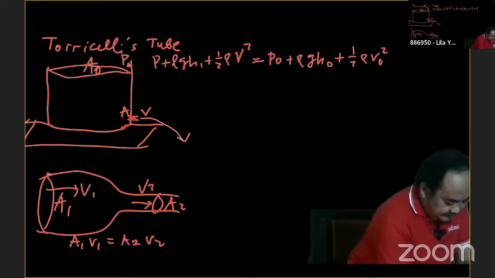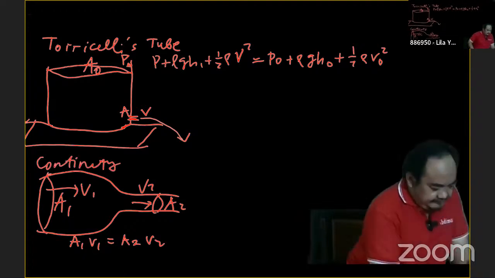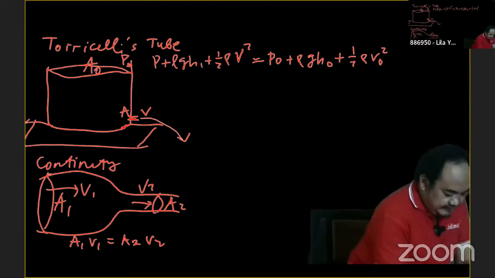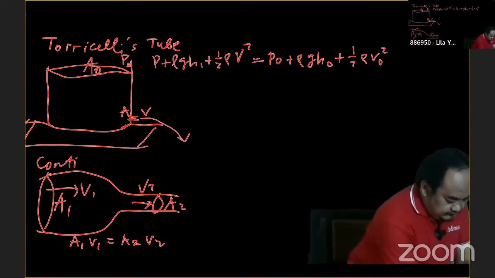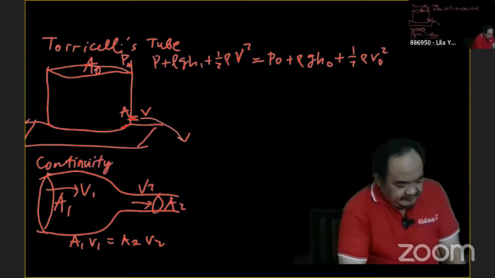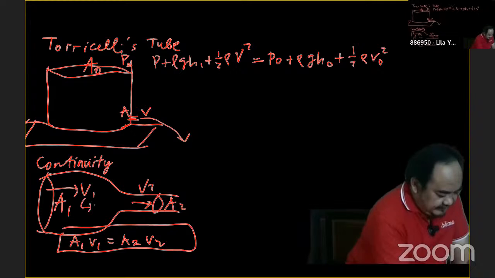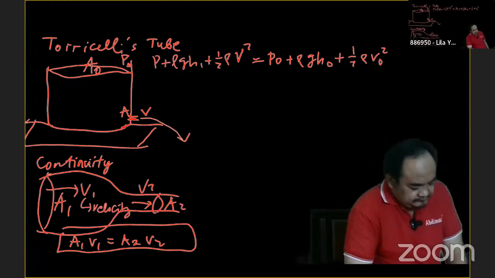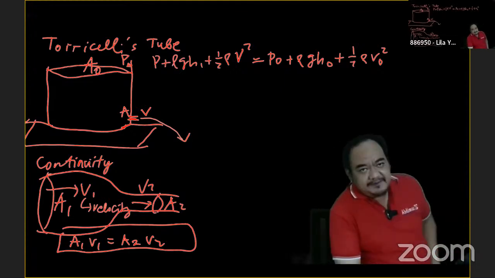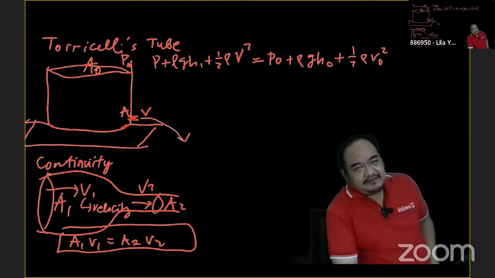This is the continuity. v here is the velocity, not the volume. Small v is velocity, and capital V is volume.